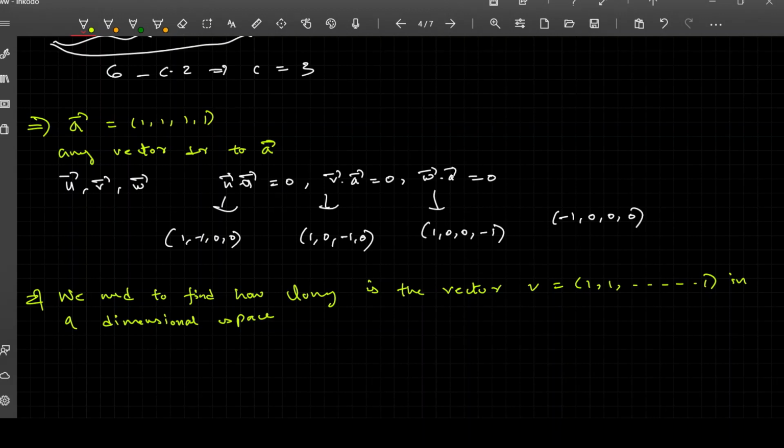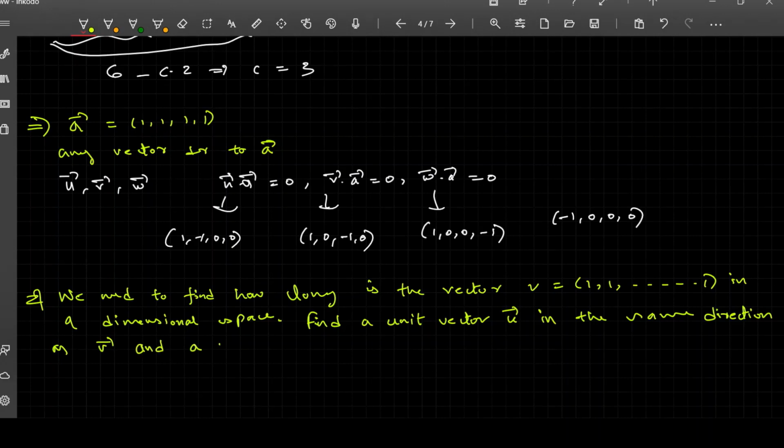9-dimensional space. And also we need to find a unit vector U in the same direction as V vector, and a unit vector which is perpendicular to V vector.